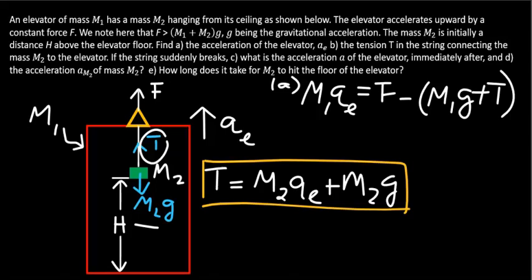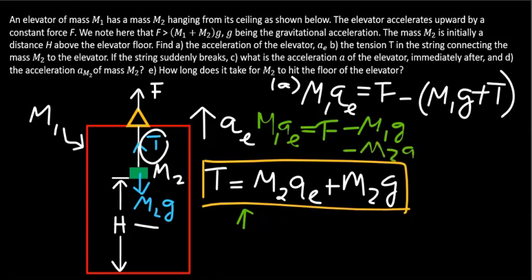Upon doing that, we have m1 AE equals F minus m1g minus tension. So tension is given by this expression. So minus m2 AE minus m2g.